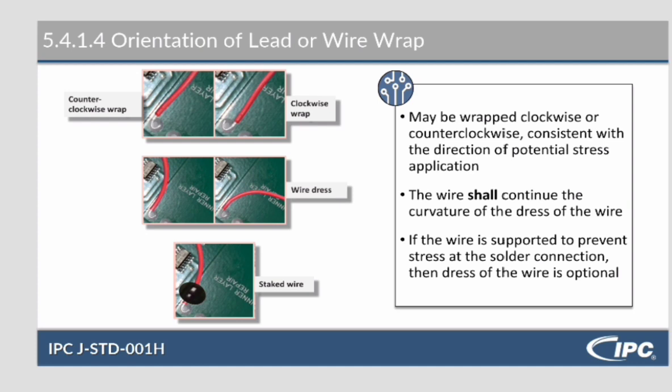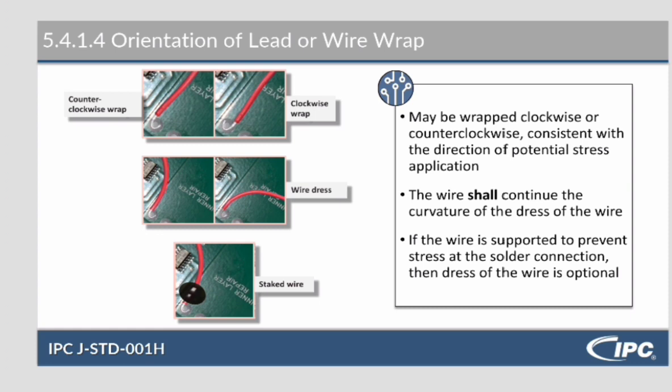When we are wrapping wires, they may be wrapped counterclockwise or clockwise, consistent with the direction of the potential stress application. So you should come in from the side and then just wrap it around naturally. You don't want to wrap it and then go back the other way.